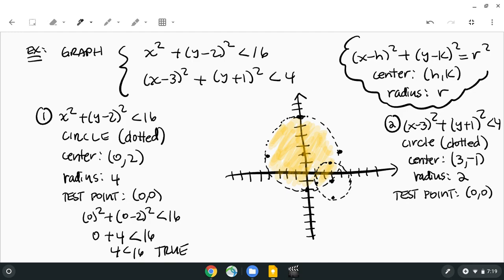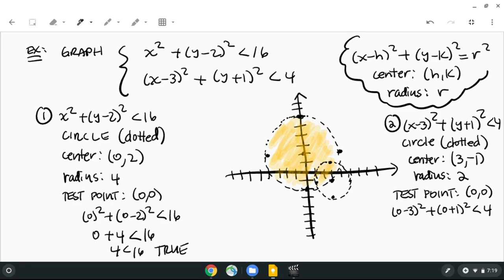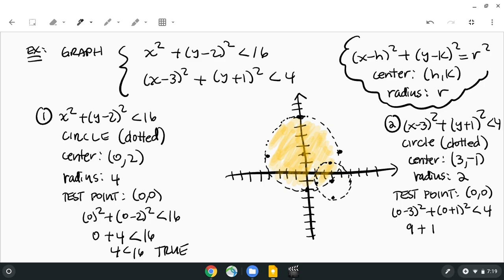I can choose a point inside the circle or outside the circle. So I'm going to choose (0, 0), which is outside of that little circle, and I'm going to plug that into the inequality. So I get (0 minus 3) squared plus (0 plus 1) squared less than 4. So that's going to give me 9 plus 1 is less than 4. 10 is less than 4 is false.